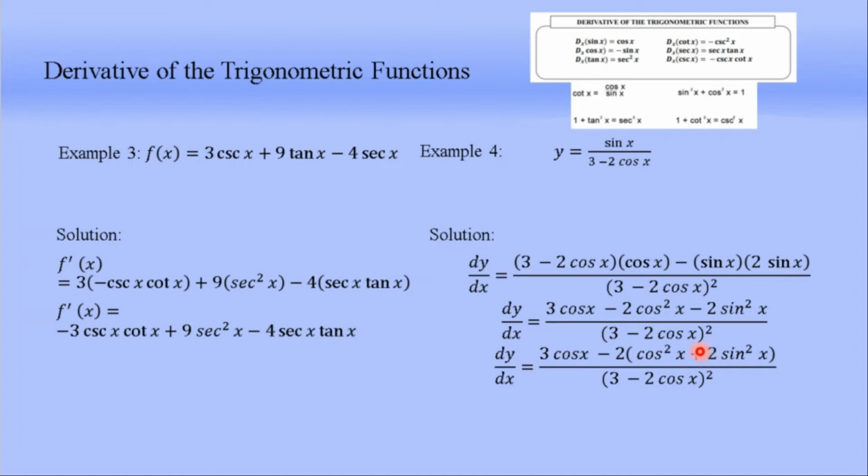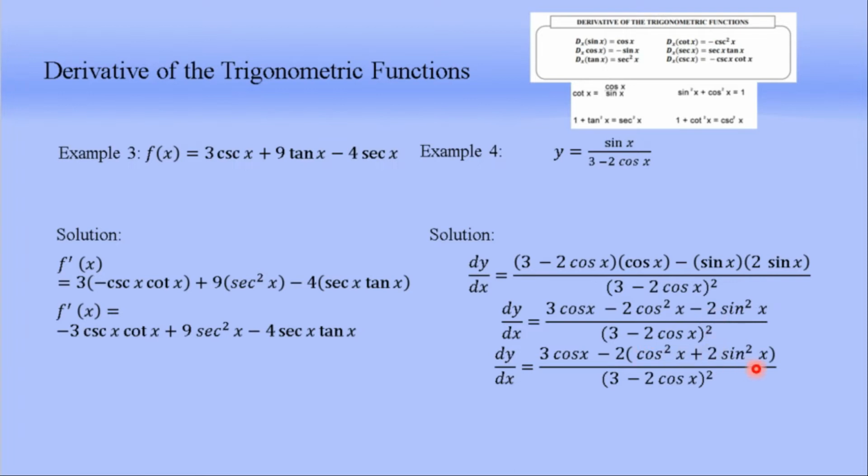Because if you remain it as negative, then negative times negative is positive. So I have to change this to positive to make this its original state, which is negative.